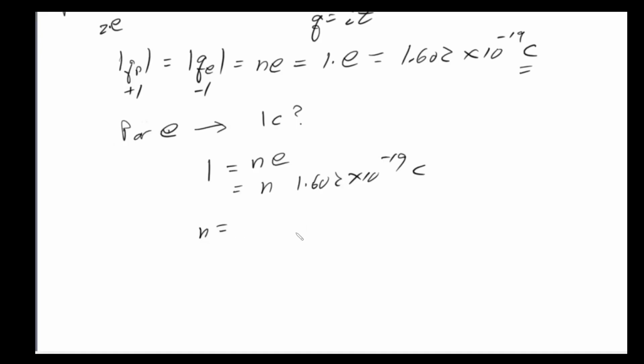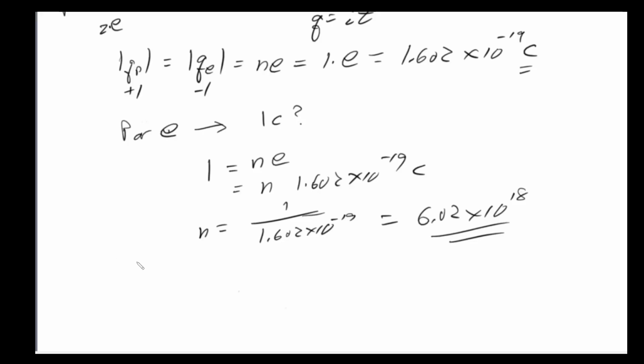So n would be equal to 1 over 1.602 times 10 to the minus 19th, or that would be equal to 6.02 times 10 to the 18th. That's how many protons or electrons it would take to get a charge of plus or minus 1. Or in other words, 1 Coulomb is the charge carried by 6.02 times 10 to the 18 protons or electrons.